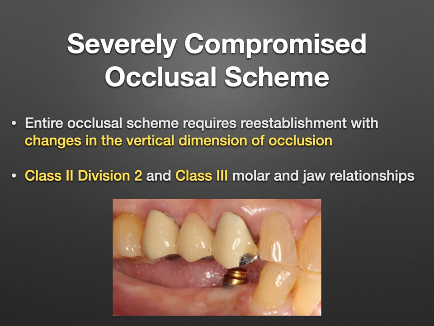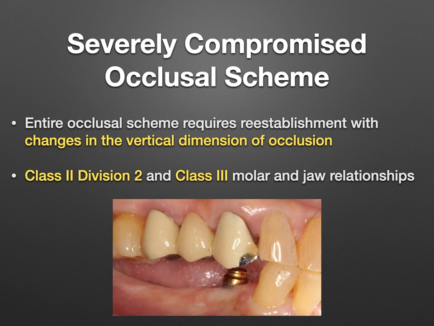As you can see in the pictures, here is another of my cases from the past. When the patient really bites down, the lower implant abutment is pretty close to the upper posterior teeth. So if we want to restore, whether it's a partial denture or implant crowns, we have no space to restore it. So eventually I had to raise the occlusal vertical dimension to create more room for us to restore it.